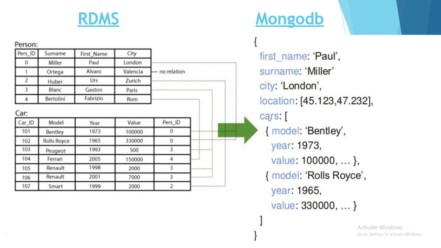So they mentioned a cars object, which internally contains an array of objects. So they are simply embedding here. This is the way you can implement it. Here you can observe model, year, value, and some others. If they have more cars, then I can add another model, another year, another value, like that.